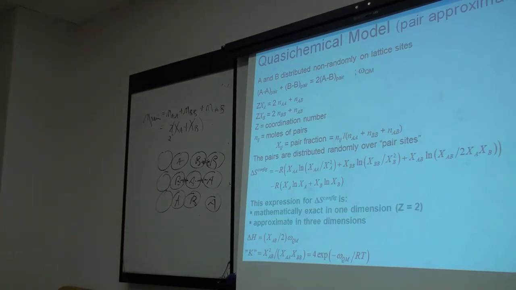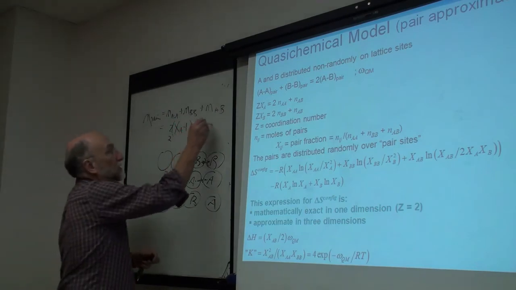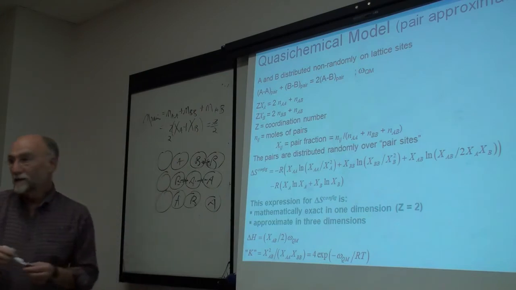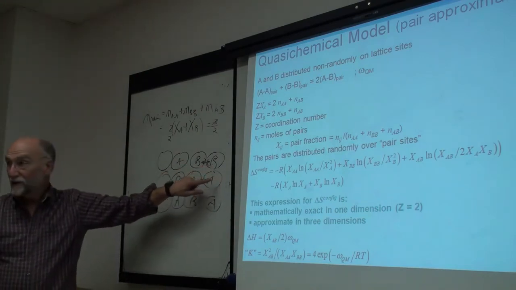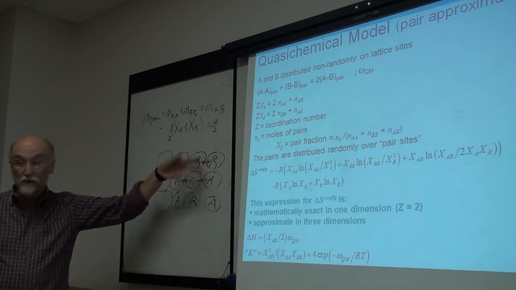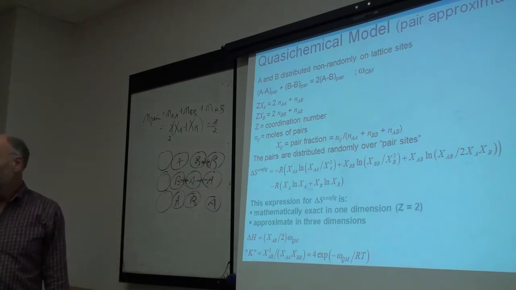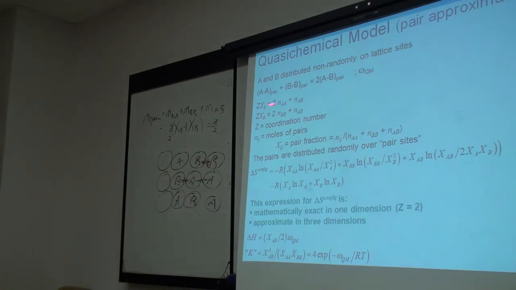Take the right-hand side of these equations: 2NAA plus NAB plus 2NBB plus NAB gives you 2NAA plus 2NBB plus 2NAB, which is ZXA plus ZXB, divided by 2. Since XA plus XB equals 1, the total number of pairs is Z over 2, which is correct. Z is the number of pairs around every central atom, so Z over 2 is the total number of pairs. So you have your quasi-chemical mass balance.